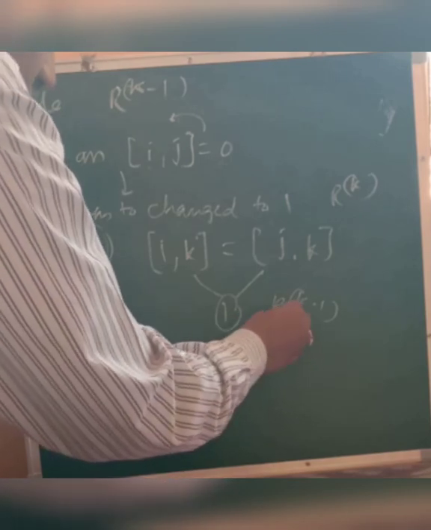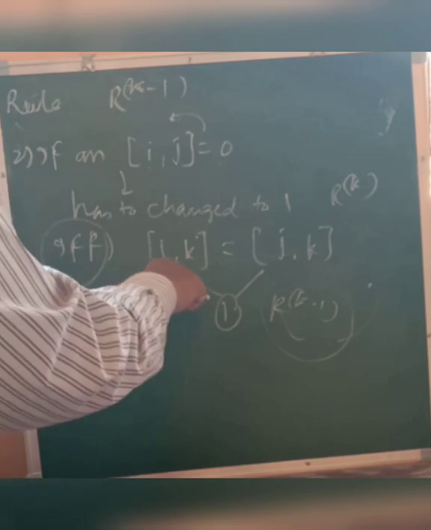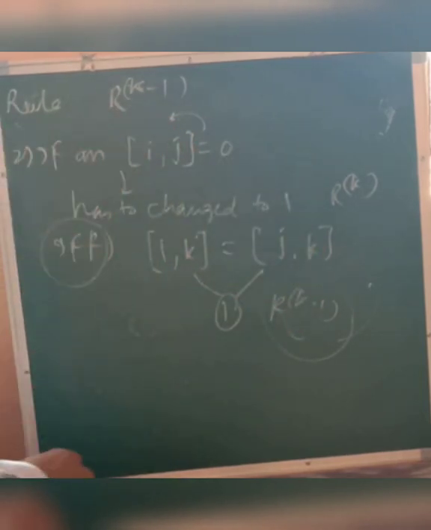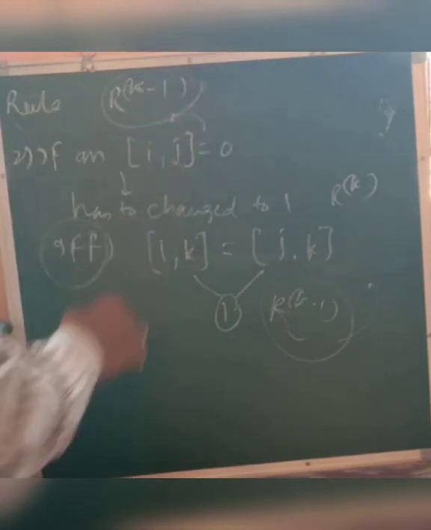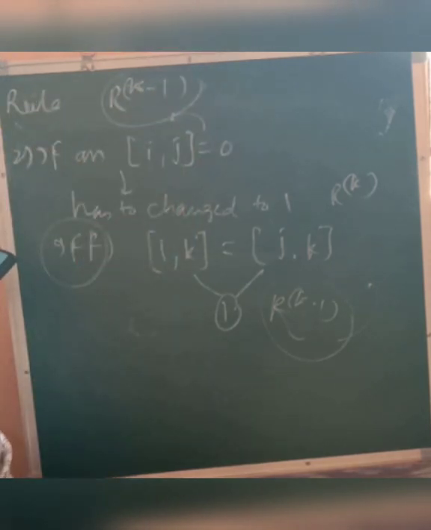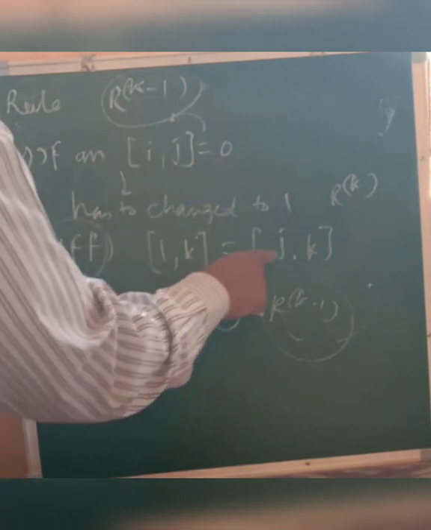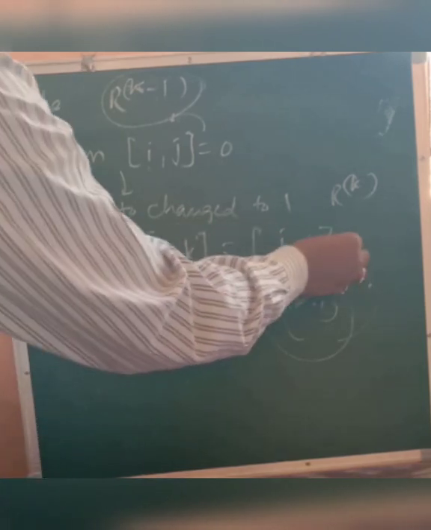That is, in the previous matrix, if I get i-k and j-k equal to 1, then I can change it to 1 in R(k). This is very important: if I want to change a 0 to 1, I can take i-k and j-k, where both vertices are there.